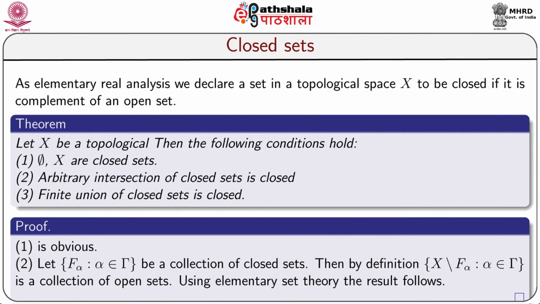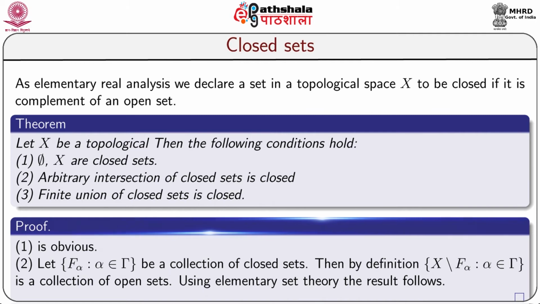Empty set and whole set X are closed because their complements are open sets, and the rest of 2 follows by elementary set theory results. We are just telling about the arbitrary intersection of closed sets is closed. So, let us consider an arbitrary collection of closed sets, F alpha such that alpha belongs to gamma, where gamma is an index set.